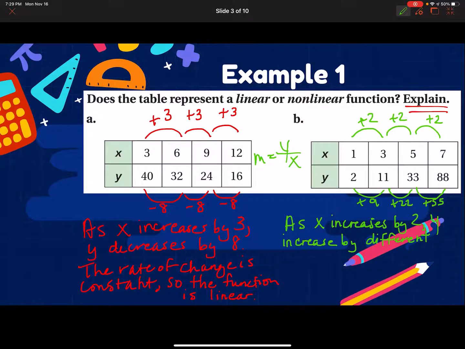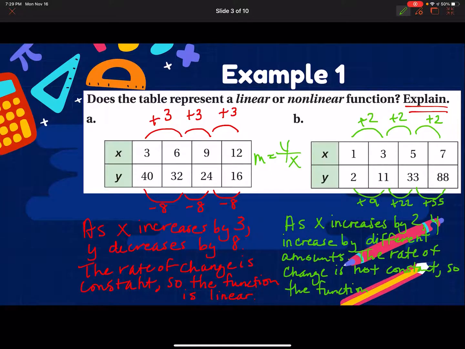It's different amounts each time, so we're just going to make note of that. And we're going to say the rate of change is not constant. So the function is non-linear. If we were to graph those ordered pairs, it would not be a line.